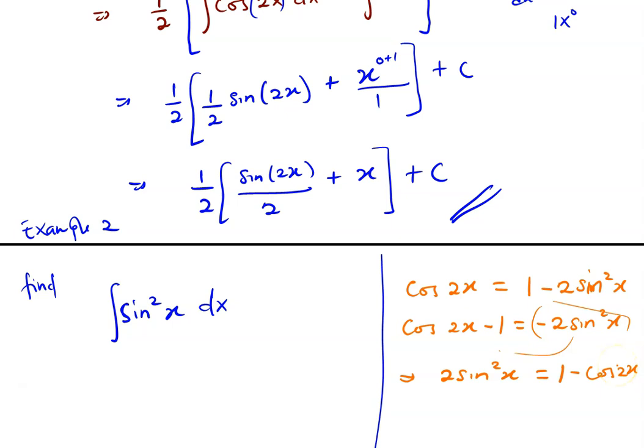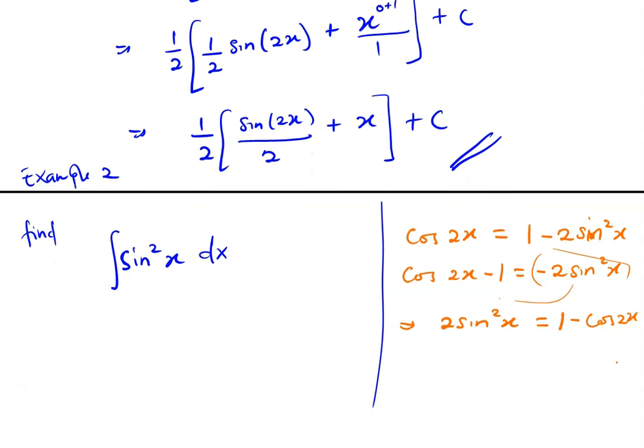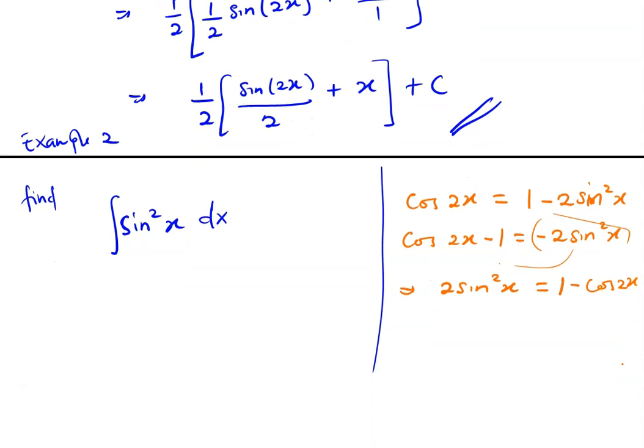Now we can make sine squared the subject by dividing both sides by 2, so that it will cancel out. And I'm going to get sine squared x equals what? Half into bracket 1 minus cos 2x.